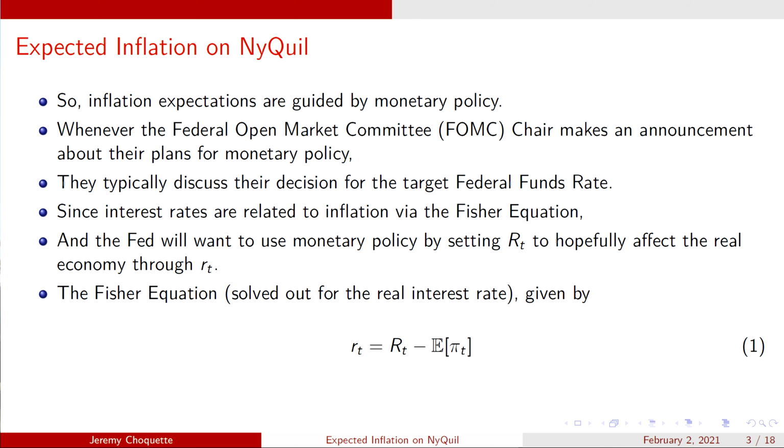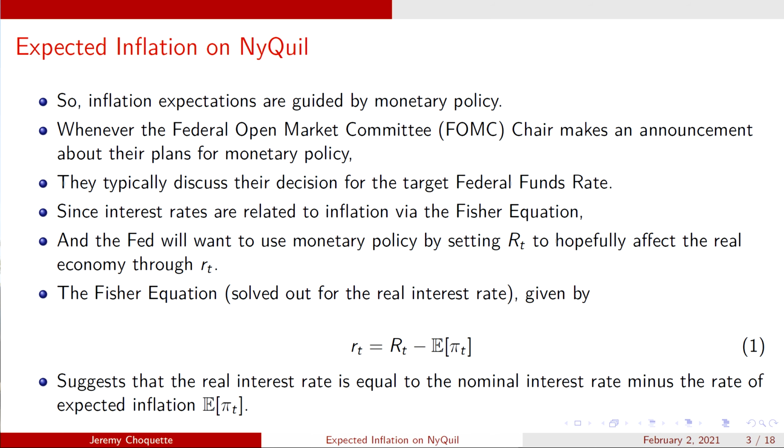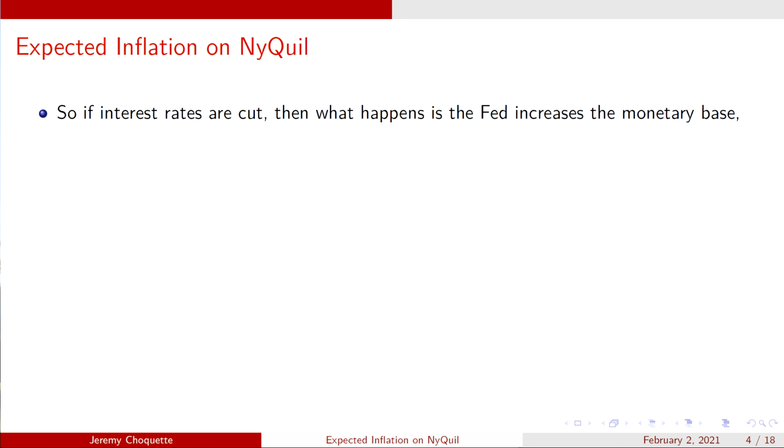All I did was subtract inflation from the left-hand side of that equation, and that leaves the real interest rate being the nominal interest rate minus the rate of inflation. And this next bullet point says exactly what I just said: the real interest rate is equal to the nominal rate minus the rate of inflation, or expected inflation.